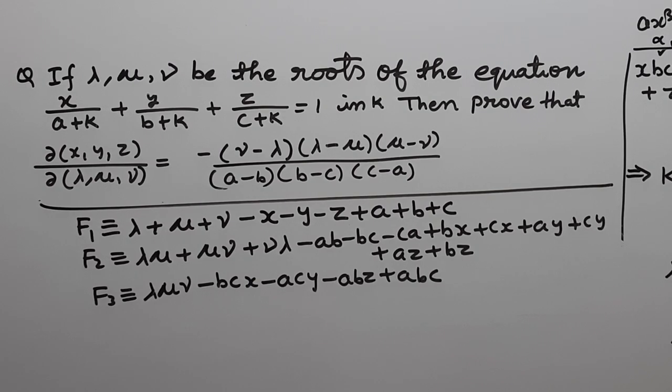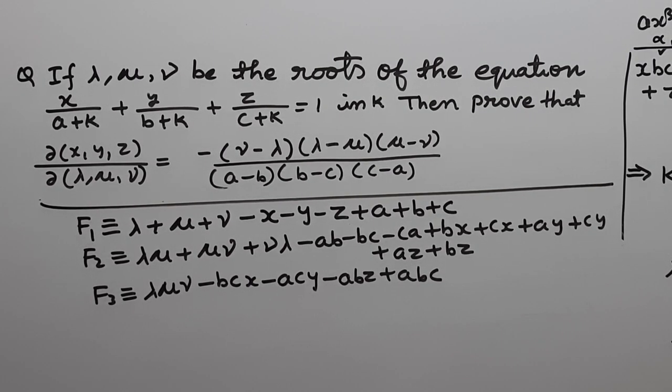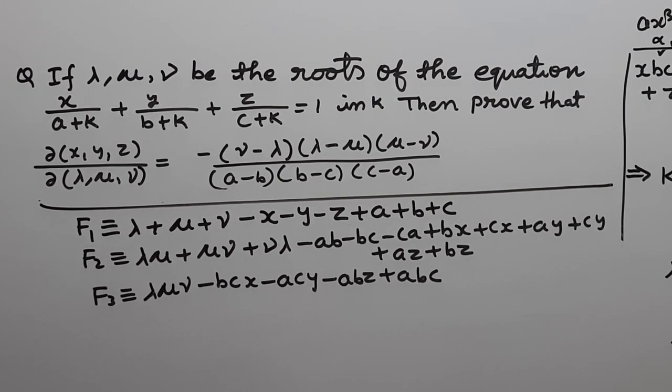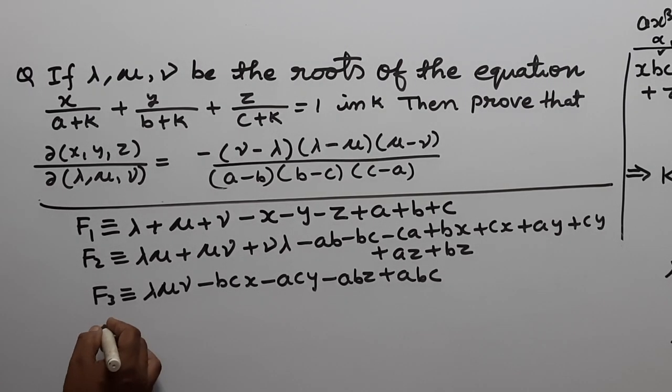So first we find the Jacobian of f1, f2, f3 with respect to x, y, z.